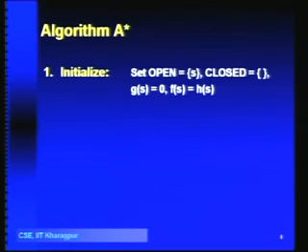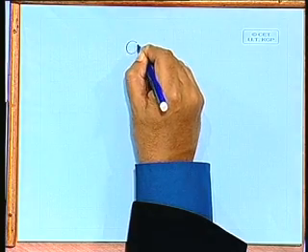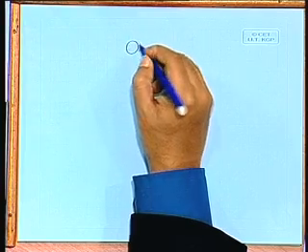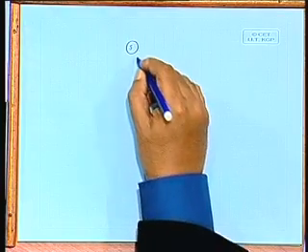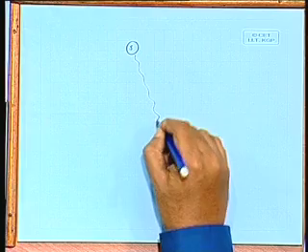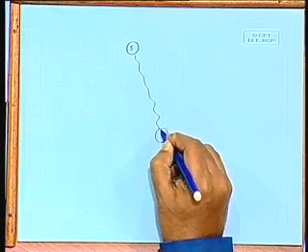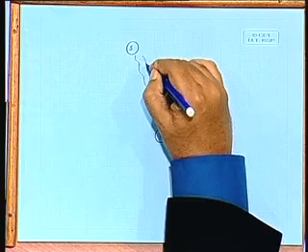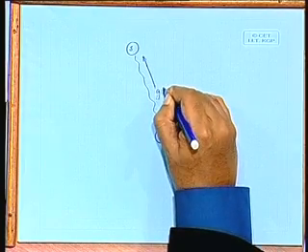If we have a state here, this is the start state, and then I have found a path to our state n, then this path cost is G(n).